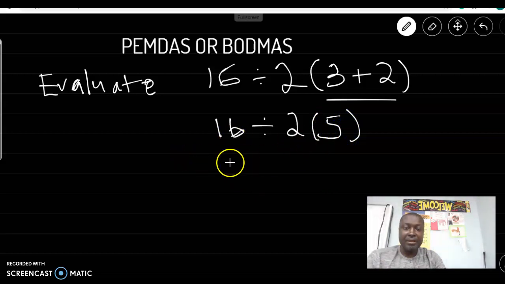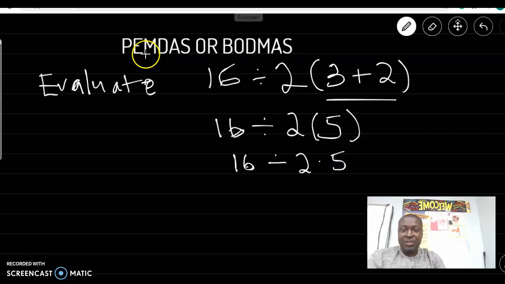Then we write it as 16 divided by 2 times 5.